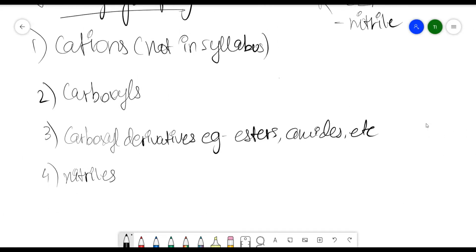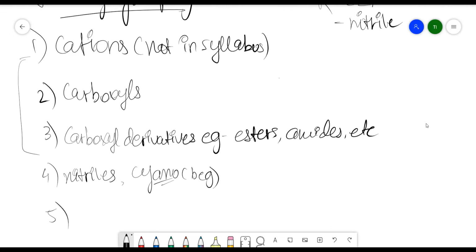Anyway, the fourth most priority is given to nitriles, and if any of these three above are present, when a nitrile is present in an organic compound, it gets the name cyano at the beginning.